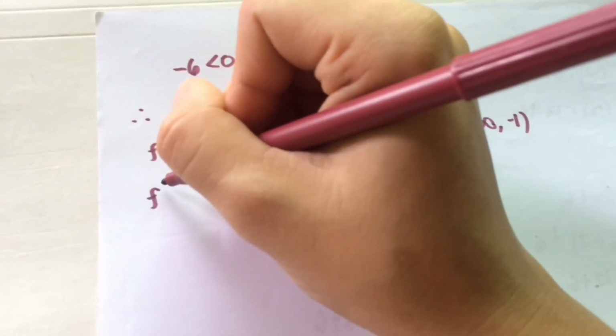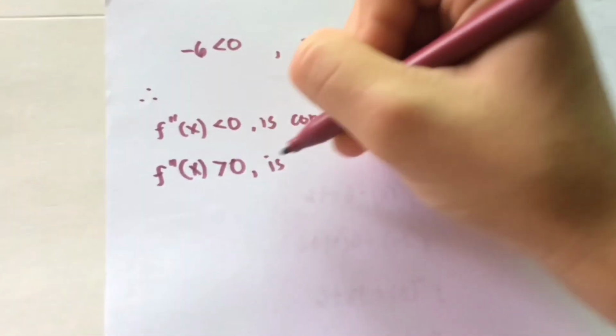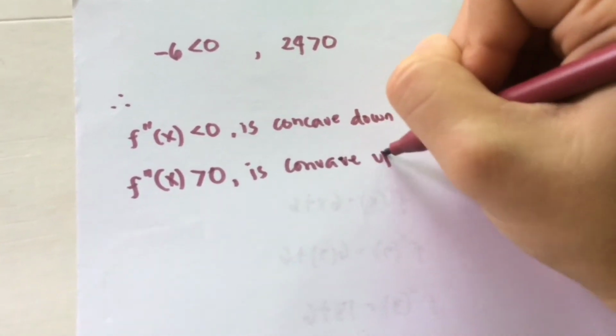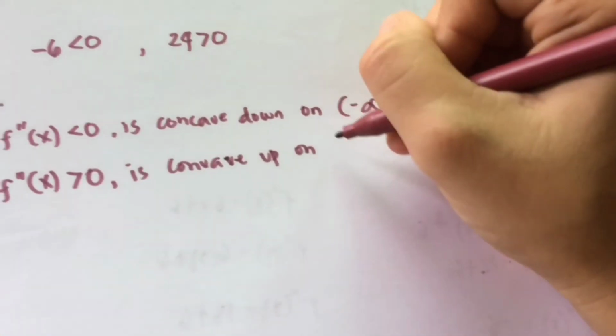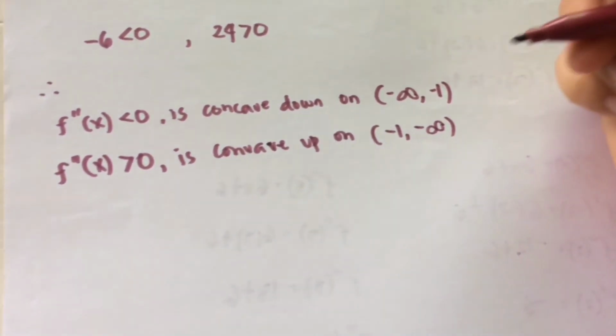Where the second derivative is greater than 0, it is concave up on negative 1 to infinity.